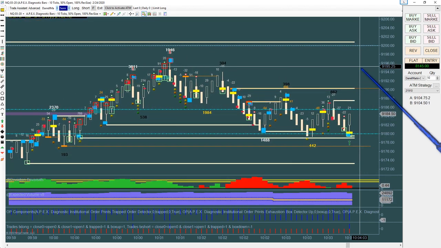Okay, we got a long. Do we take it? Cluster doesn't invalidate it. One cluster does not invalidate a trade.